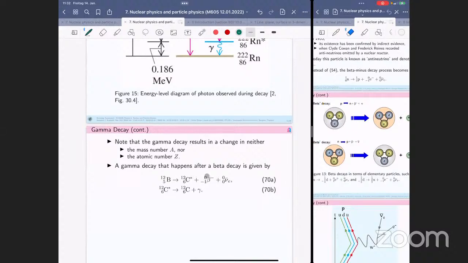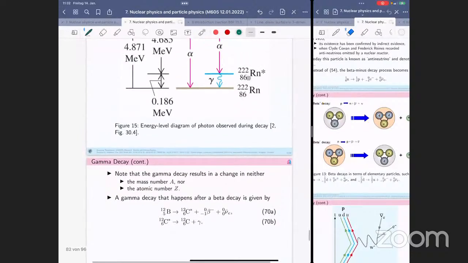Okay, you see radium to radon, right? And you get a gamma ray. But for beta decay, you can also have, for example, boron 12 to carbon 12, typical carbon. But this nucleus is not stable. It's carbon with a star.